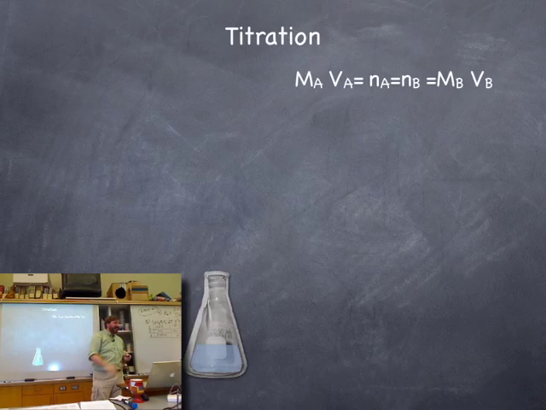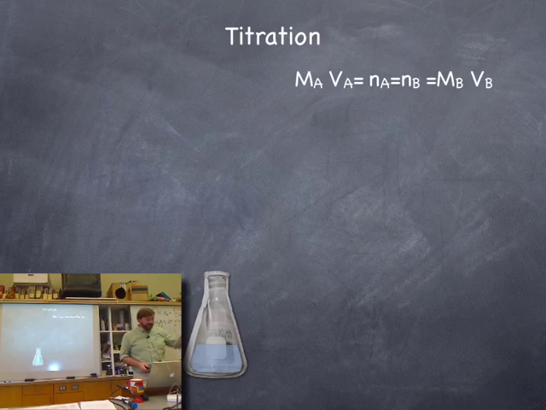We need something in this solution to tell us when we get there. We need what we call an indicator. Indicators are substances that, typically they're weak acids or weak bases, that will change color based on the pH.